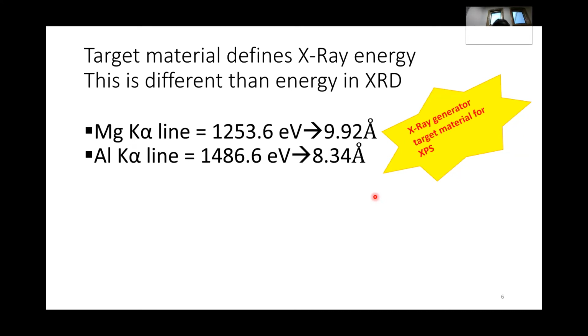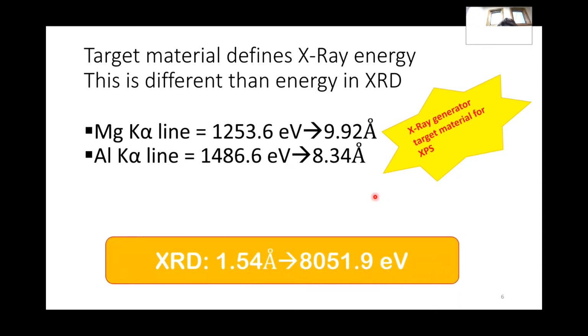And that corresponds with these wavelengths. Okay, so shorter wavelength equals higher energy, according to, what's the law? Planck's law, I think. So 9.92 angstroms for magnesium, 8.34 for aluminum. XRD, our XRD anyway, uses a copper K alpha. I didn't label it here. I've had it on other presentations talking about resolution and that kind of thing.